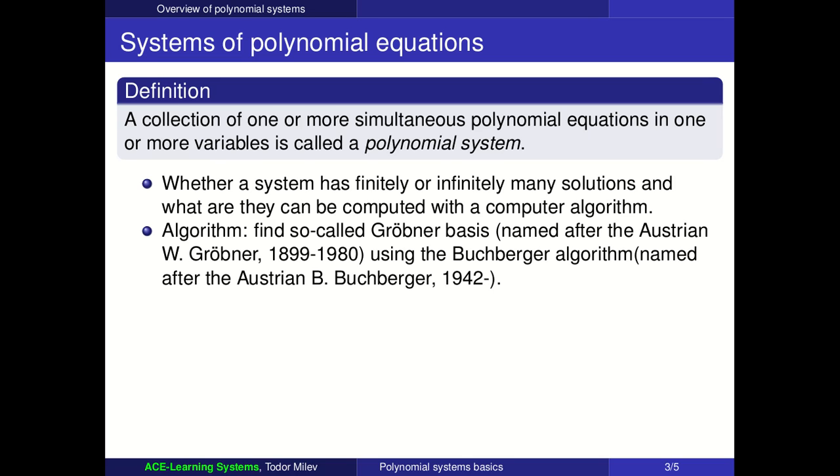That algorithm is named after the Austrian mathematician Bruno Buchberger, who was a student of Grobner. And then use the so obtained Grobner basis and techniques from the subject of elimination theory to explicitly find the solutions of your polynomial system.